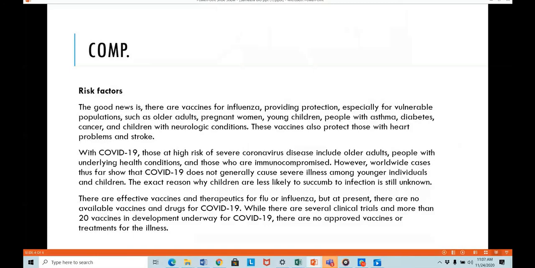Risk factors: the good news is there are vaccines for influenza providing protection, especially for high-risk groups such as older adults, pregnant women, young children, and people with chronic diseases. With COVID-19, the risks are higher, but now we have medicine for COVID-19.